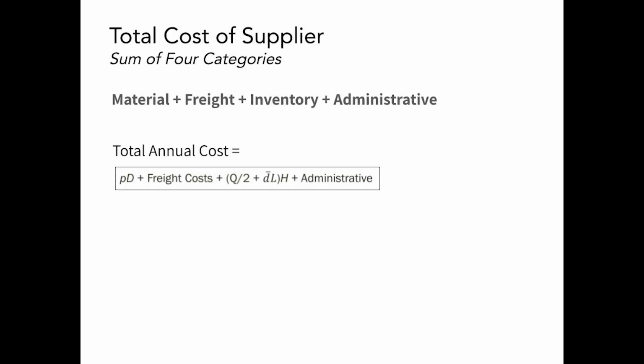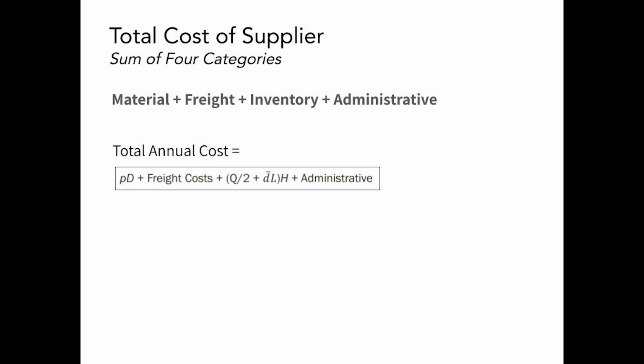Building upon the components discussed, including material, freight, inventory, and administrative costs, we now present a comprehensive view of the total annual cost, or TC. This total cost model integrates these varied elements, illustrating the cumulative financial impact on supply chain management. Initially, we focus on 4 primary categories: material costs, P times D, reflecting price times demand; freight costs; inventory holding costs, represented by Q/2 for cycle stock and D times L for pipeline inventory; and administrative costs.